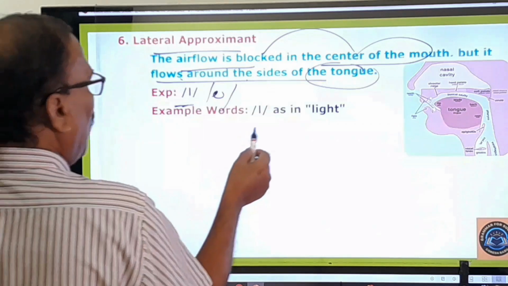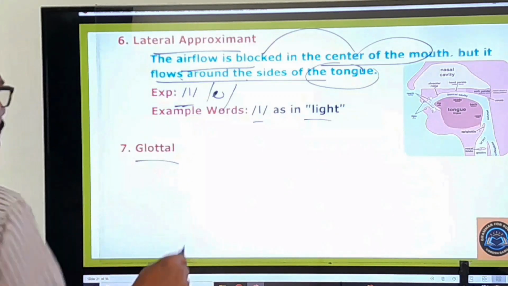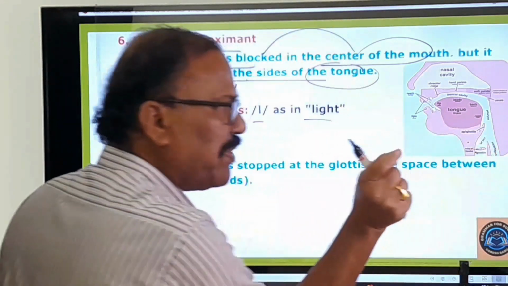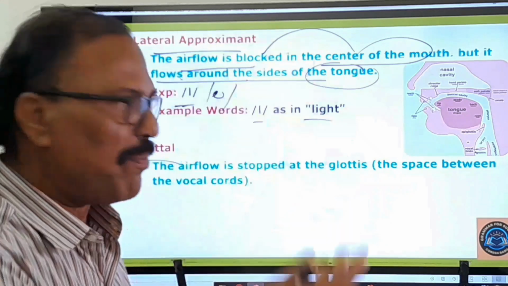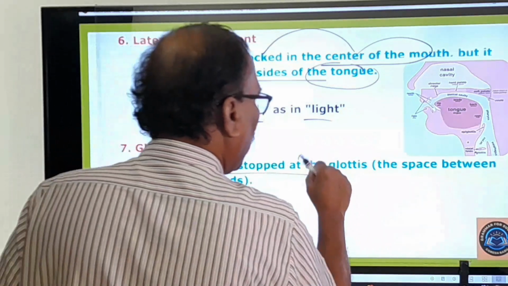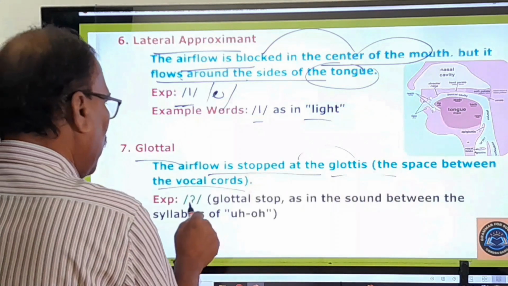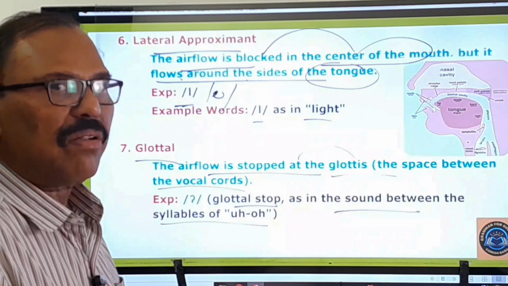Okay. And example, la as in light. And here you pay attention, glottal is there. Glottal means the glottis. The space between vocal cords is called glottis. Okay, that is pronounced from there. So here airflow is stopped at the glottis, the space between the vocal cords. Okay, here you see the glottal stop, between the vocal cords. Ooh, ah. So here ha.